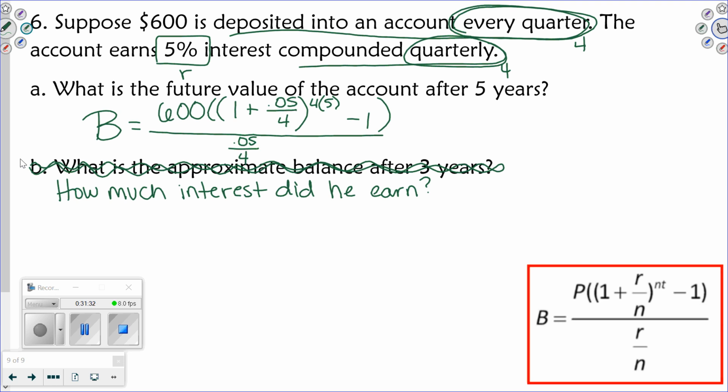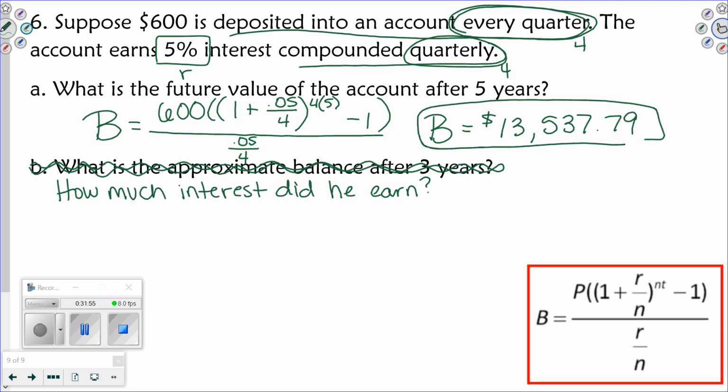Honestly, guys, the more we do this, you will get so fast at typing these in. You really will. All right, so the balance equals $13,537.79. Watch your rounding.